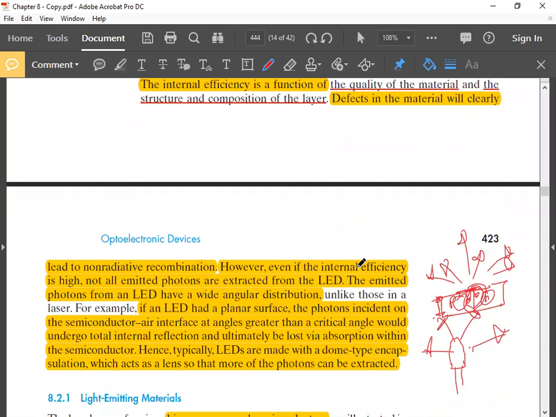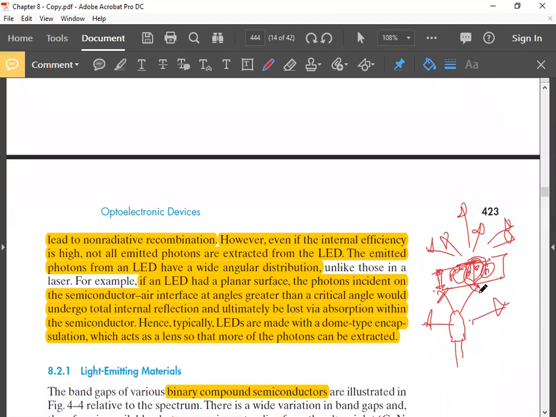However, even if the internal efficiency is high, not all the emitted photons are extracted from the LED. The emitted photons from an LED have a wide angular distribution. So this is a PN junction, this is P, this is N. The photons are being generated here near the junction when recombination is happening, because of this recombination, photon is being produced.